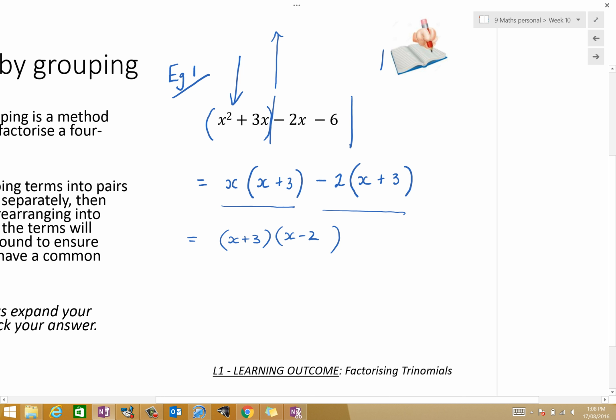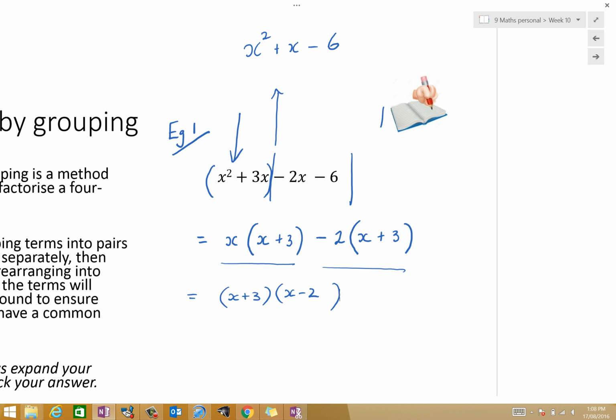We've done it by grouping, by making 3 terms into 4. This is what we started with, a trinomial.